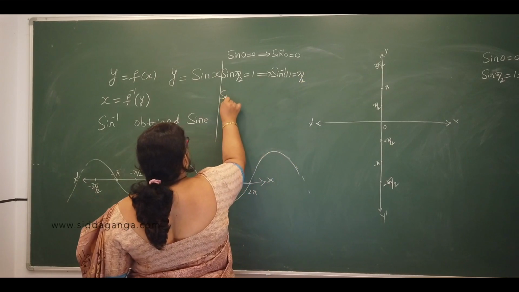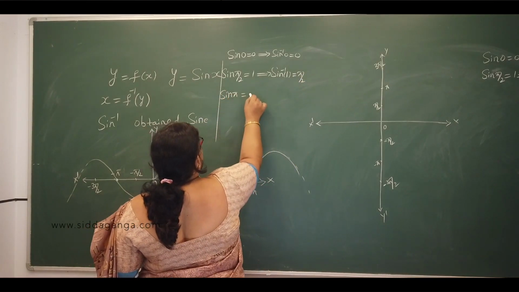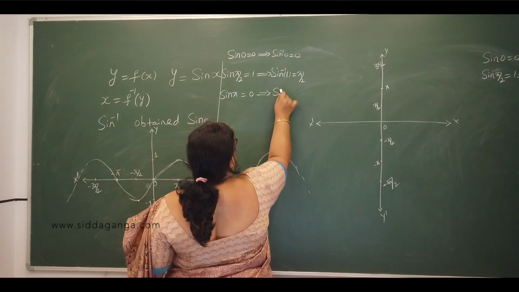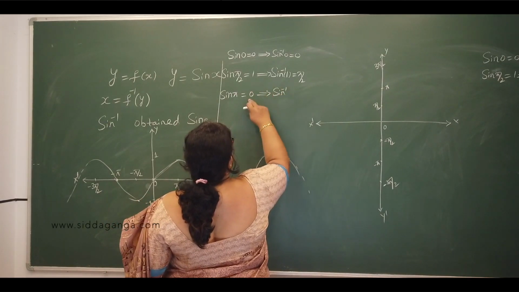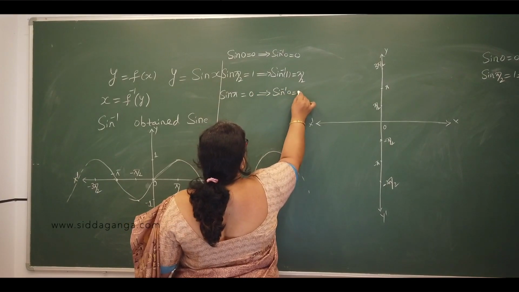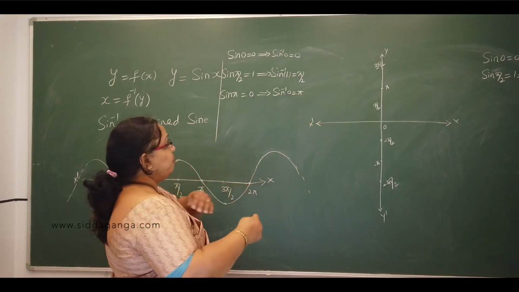We know that sin 180 degree equal to 0 implies again sine inverse of 0, we can take it as pi. Here also it becomes pi.